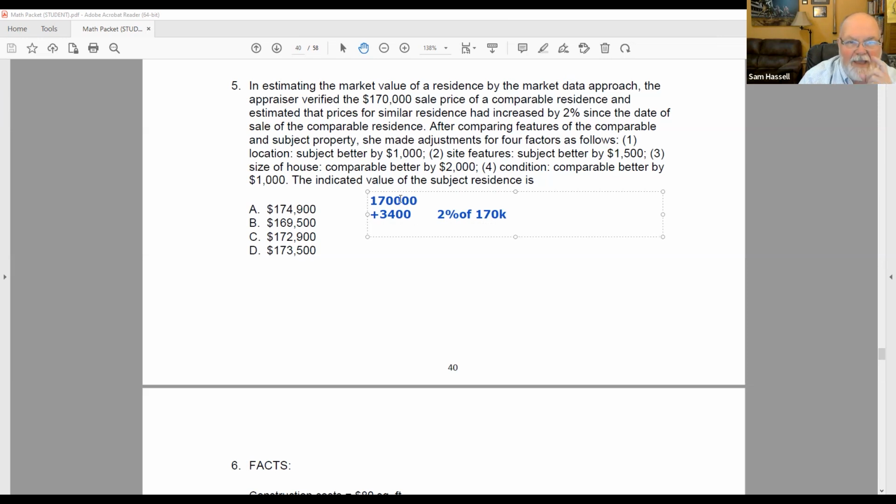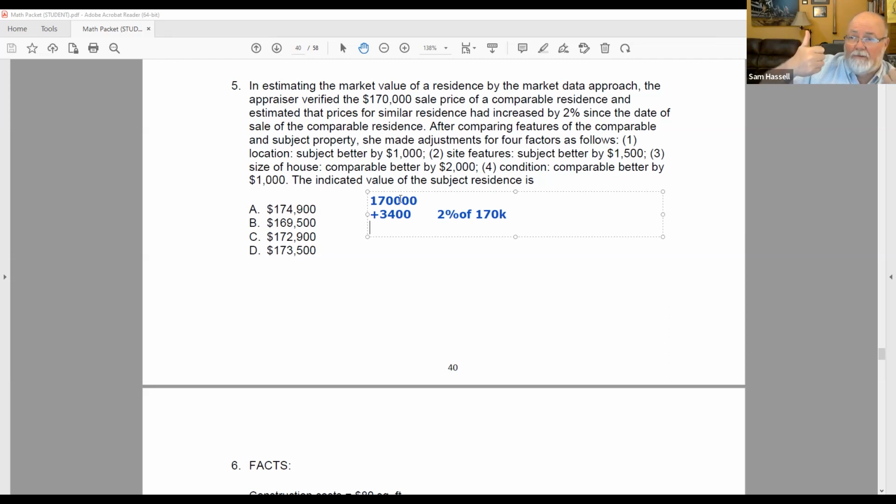Now, it says here, the adjustments you got to make. She made the adjustment for 4 factors. Location. The subject property is better by 1,000. So I have to add 1,000 to my comps, right?